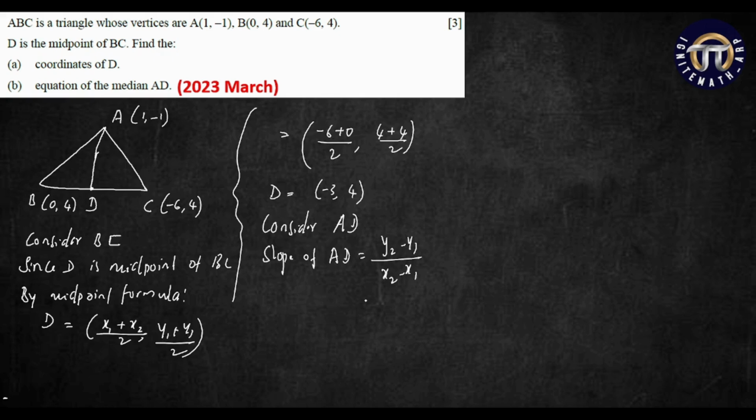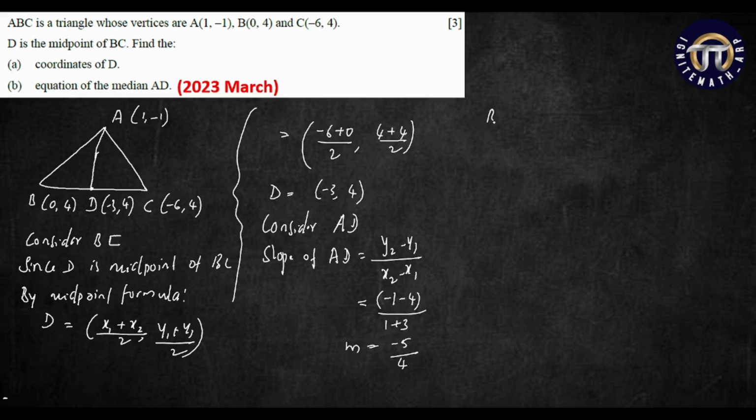So now for AD, A is (1, -1) and D is (-3, 4). So (-1 minus 4)/(1 plus 3), which is minus 5/4. That is the slope of AD.